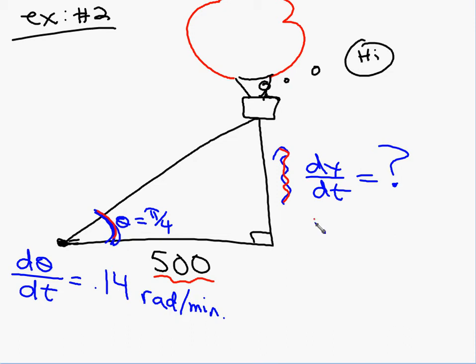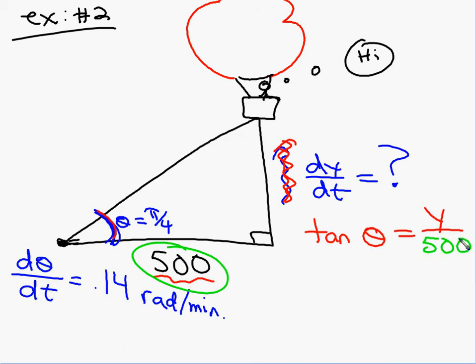I have the tangent of theta equals, now isn't y changing? So I leave that as y, but is the 500 changing? No, the dude is standing at the same place the whole time. So I can go ahead and put in the 500. Remember, the only constants we can put in are the ones that don't change.